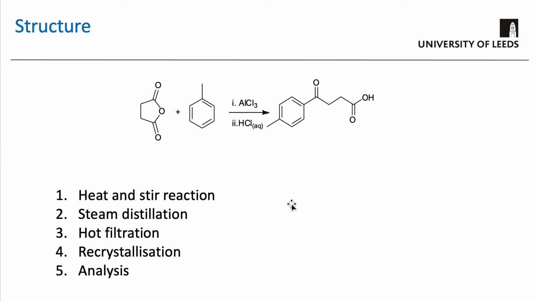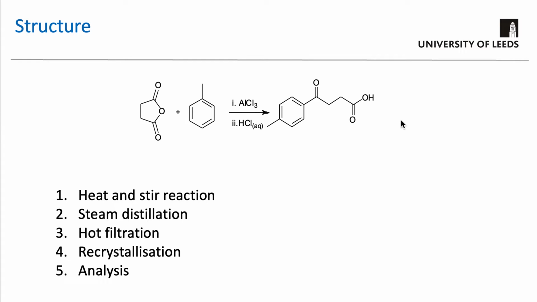So what we've got is you heating and stirring the reaction together under controlled conditions, and then you're going to set things up for a steam distillation. As I mentioned, it's to remove toluene, but toluene has a high boiling point above 100 degrees, so it's hard to remove, certainly to heat it up without decomposing your product.